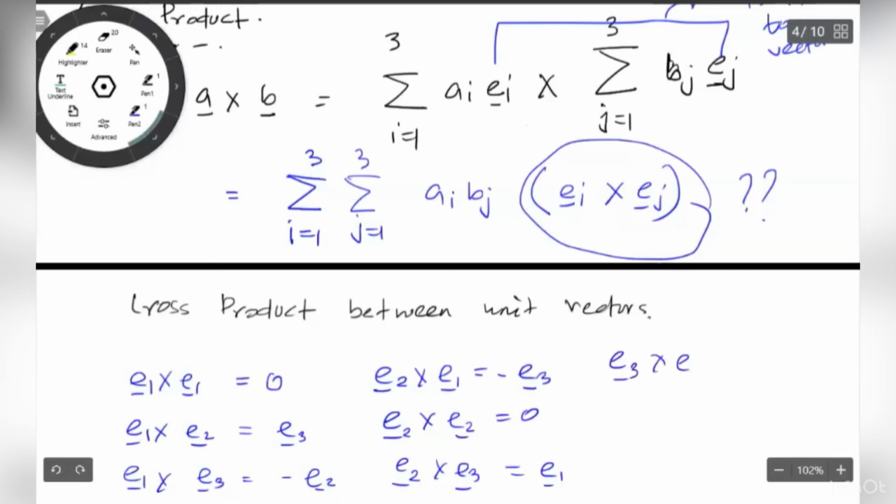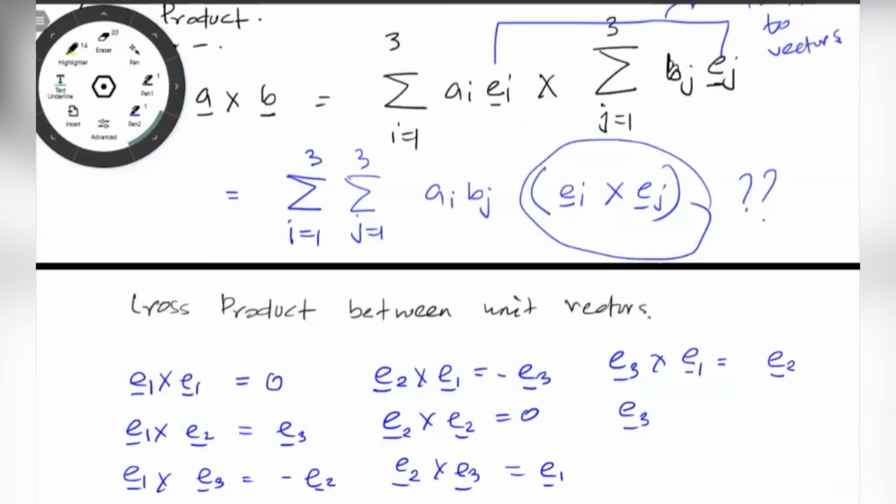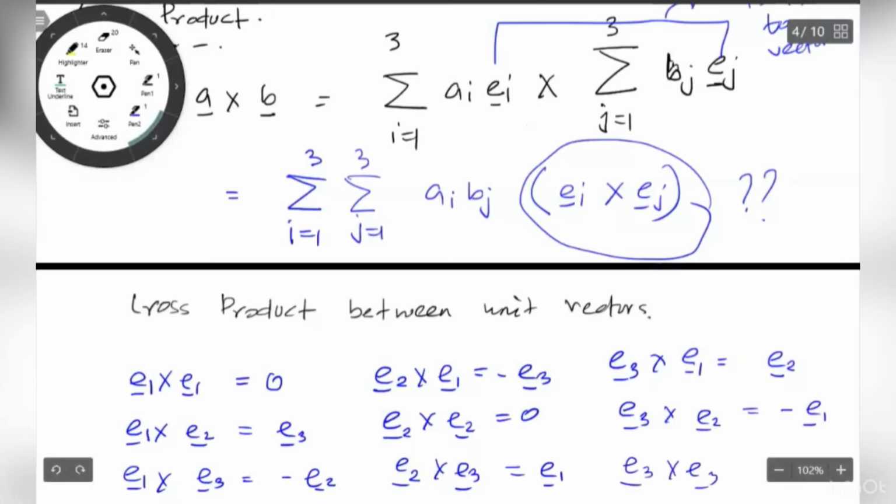Let us write E3 cross E1 equals E2, E3 cross E2 equals minus E1, and finally, E3 cross E3 equals 0.